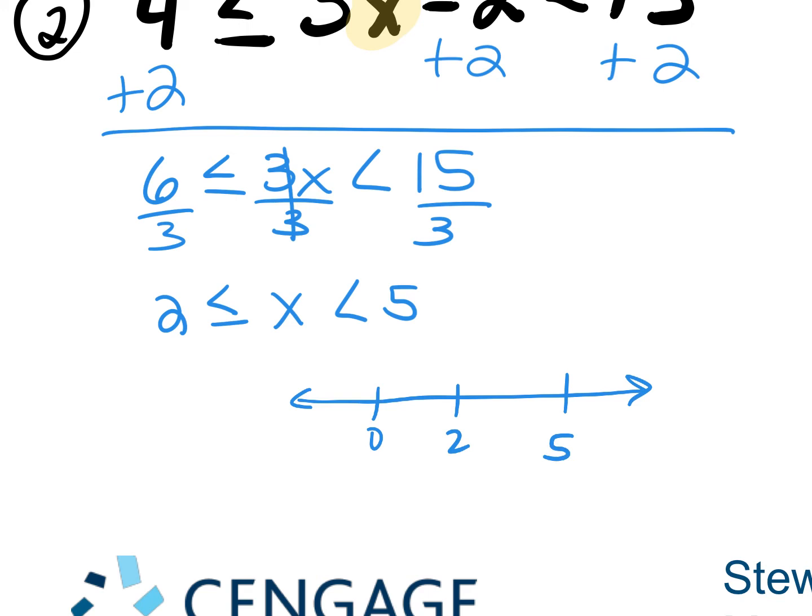What kind of a dot do I have at 2? Closed. Why is it closed? Because it has the equal sign underneath. Good. What kind of a dot do I have at 5? Open. Perfect. And where do you think I color? In the middle. Very good. How do you know that you're supposed to color in the middle? Because the X is in the middle. Good.